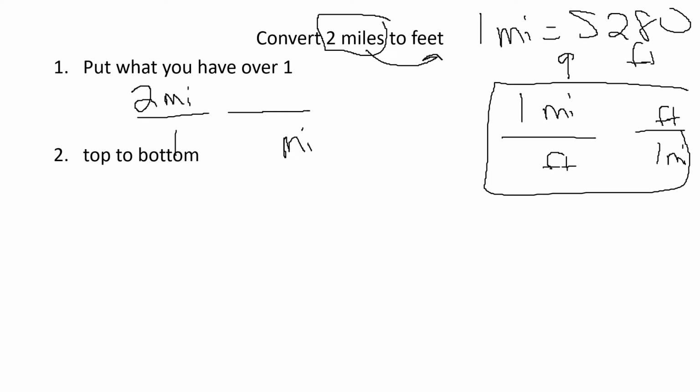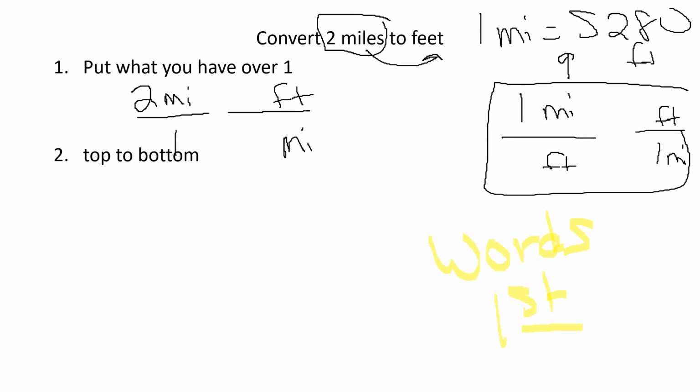Wherever I'm going goes on top. I'm going from miles to feet. Always, always, always do words first. I know you're going to think it doesn't matter, but I've done this long enough. I am telling you it matters. Do your words first, okay?